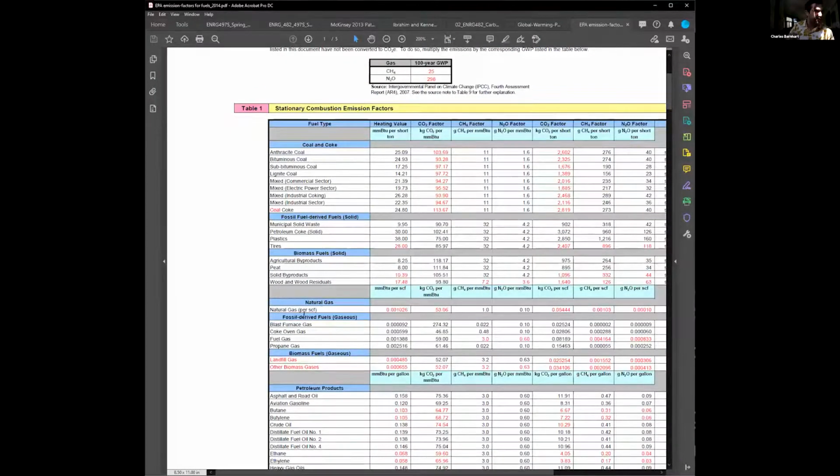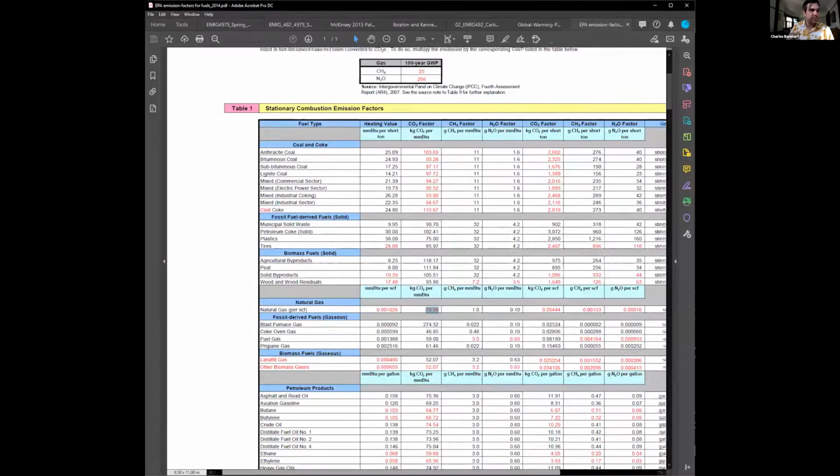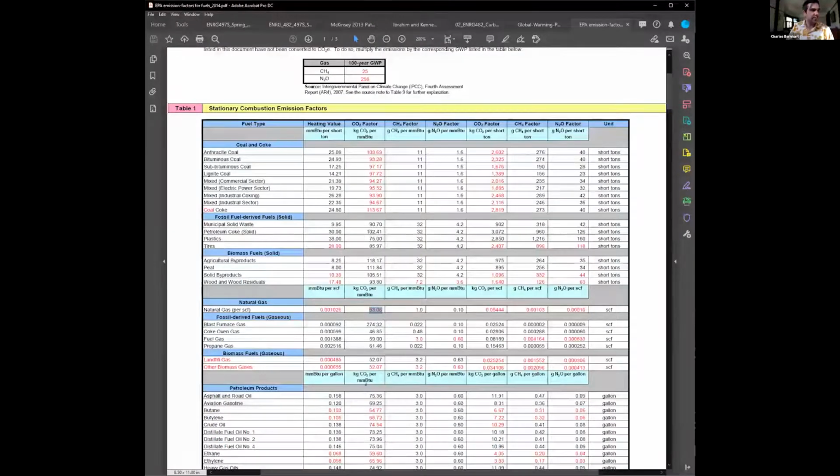Natural gas per SCF? Standard cubic foot? Well, this is the number we're interested in, right? So kilograms CO2 per mega BTU. That's 53.06. That's what we just calculated. So again, math works.